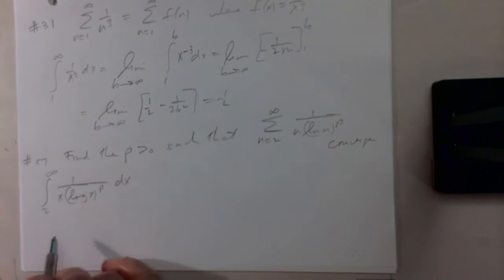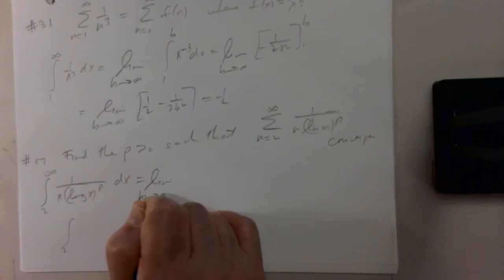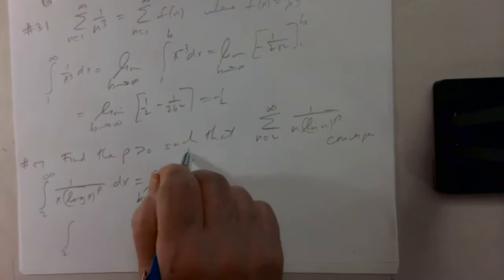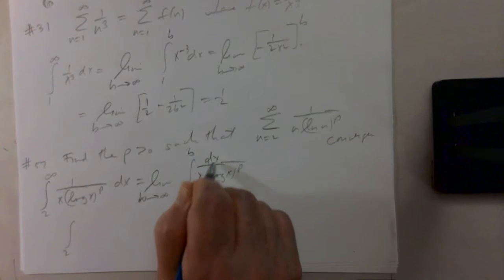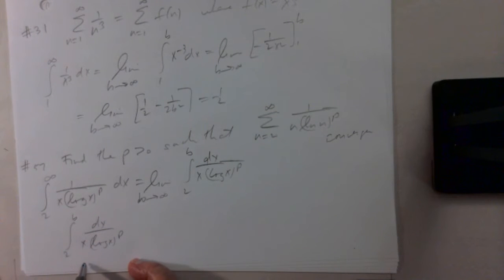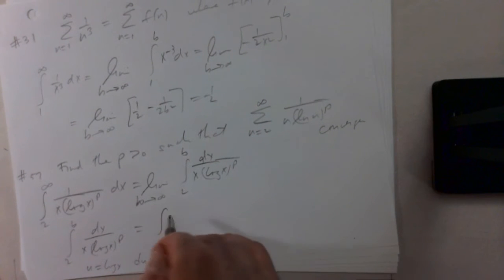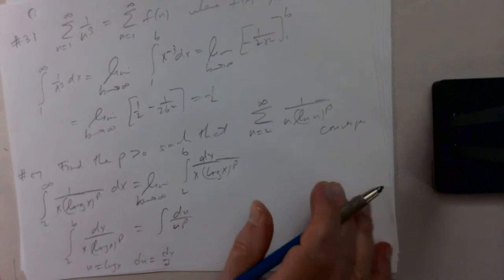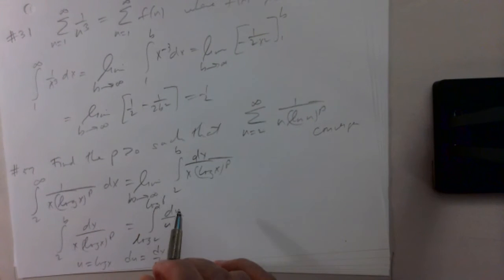So in this integral, this is going to be the limit as b goes to infinity, the integral from 2 to b, 1 over x log x to the p dx. What is the integral from 2 to b of 1 over x log x to the p? So if we substitute u equals log x, so du is 1 over x dx, this becomes the integral of du over u to the p, where u goes from log 2 to log b.